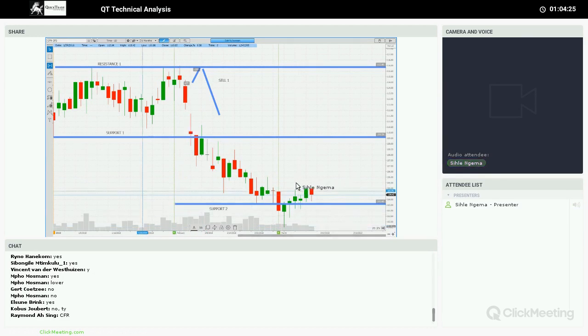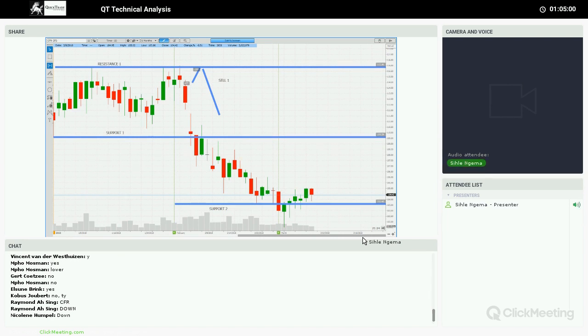Now, we are currently trading in March. Since we have support 1, support 2, resistance 1, can anyone tell me, is CFR currently moving in a downward trend or an upward trend by looking at our resistances and our supports for this year on CFR?